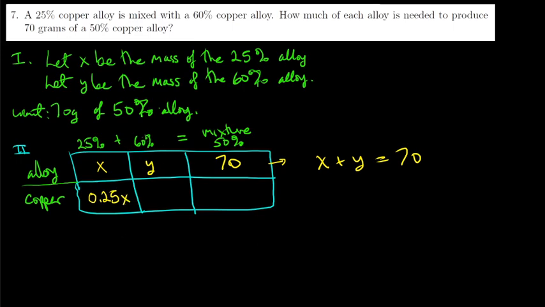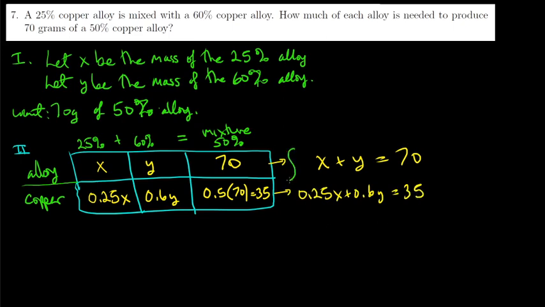For the 60% alloy, that means 60% is pure copper, so 0.6 times y. And for the mixture, it's going to be 50%, or 0.5 times 70, that's just 35 grams. So 35 grams is pure copper. So the equation is 0.25x plus 0.6y equals 35. And that's our system of equations.